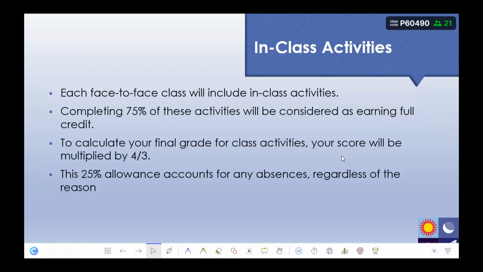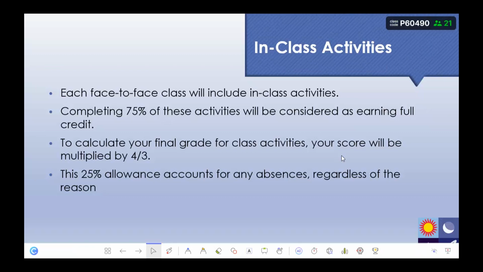But just in case you miss some of these in-class activities, I have already waived 25% of those missing in-class activities. So whatever grade you get in in-class activity will be multiplied by 4/3. If you participate in 75% of the in-class activities, you will get the entire 5 points.